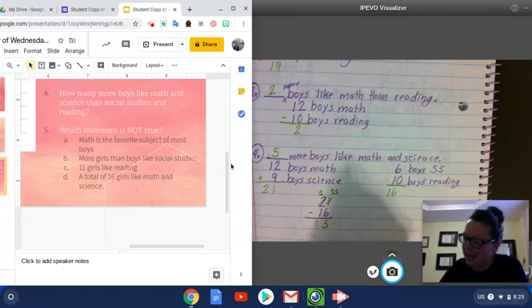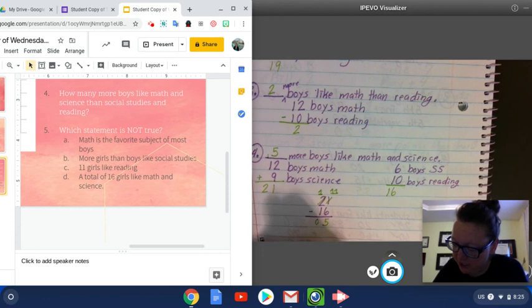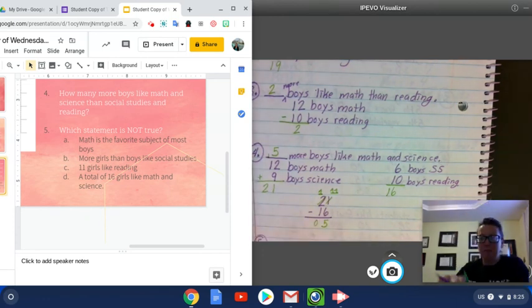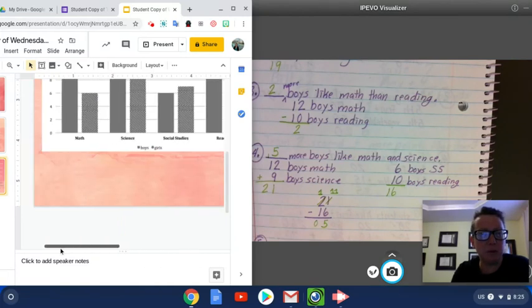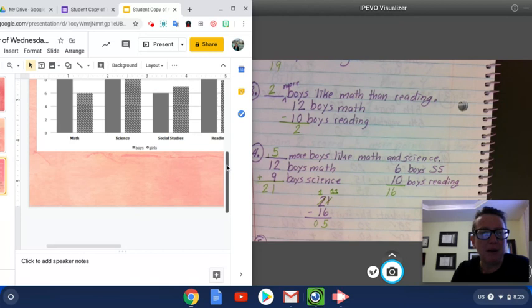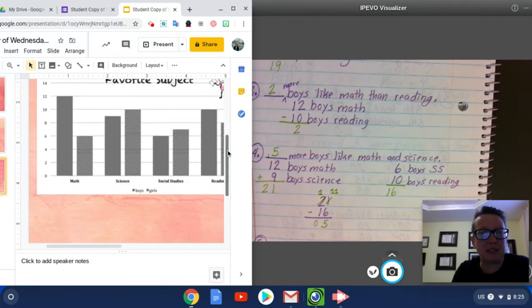And our last question. It says, which statement is not true? Math is the favorite subject of most boys. So let's see if that statement is true. Math is the favorite subject out of all the boys.